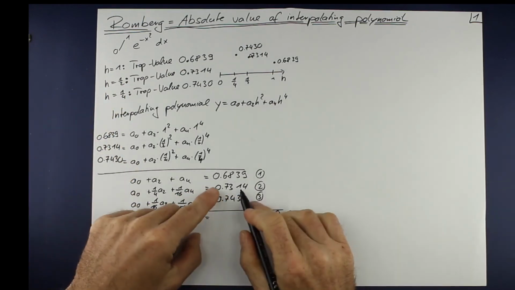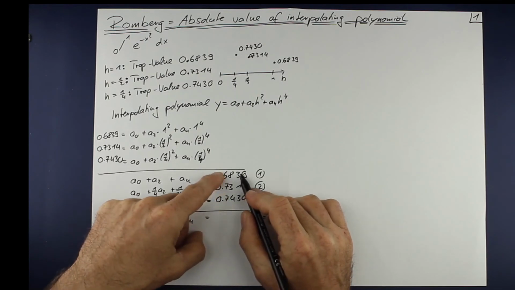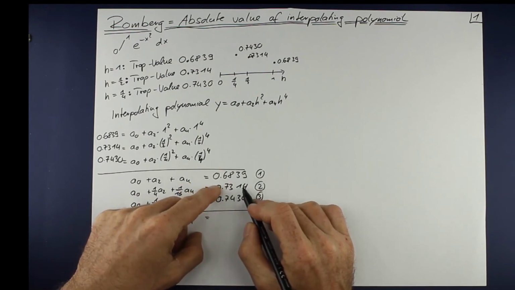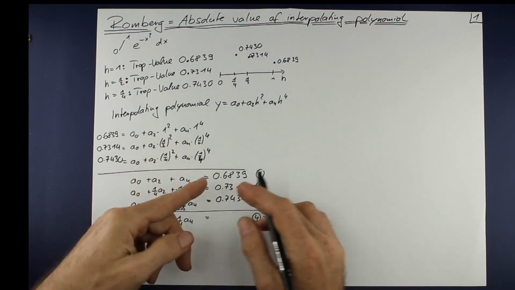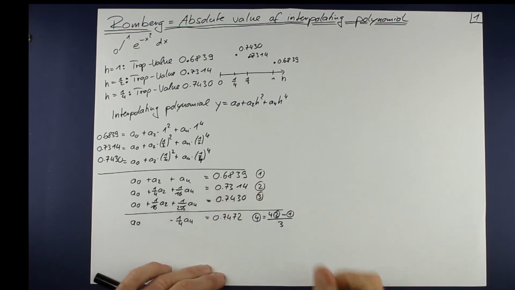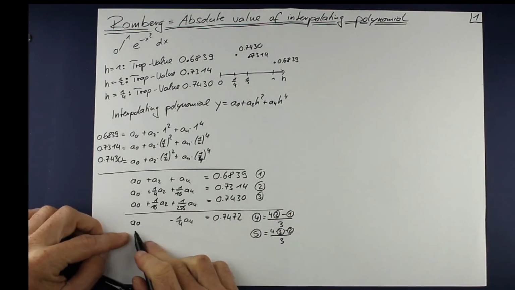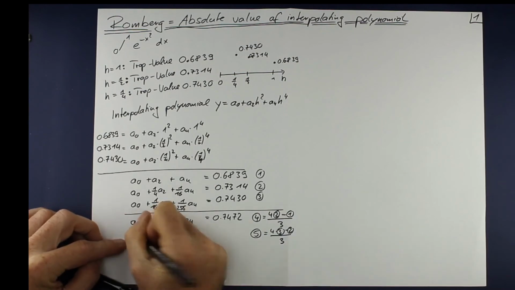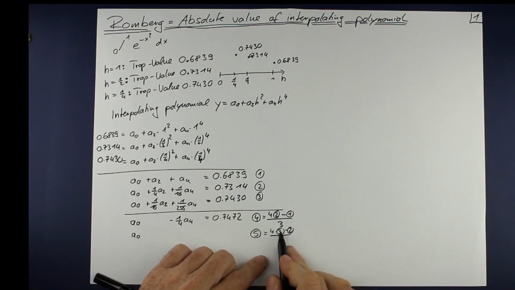And now on the right hand side, 4 times that value minus that value divided by 3. That's what we do when we apply Romberg, and in this case we get the value. Okay, let's eliminate also A2. And again we get A0. Again this cancels. This is a reason why this was a good idea.